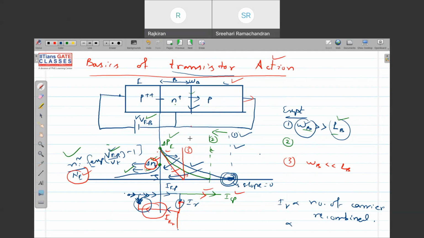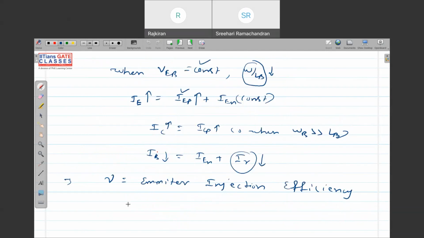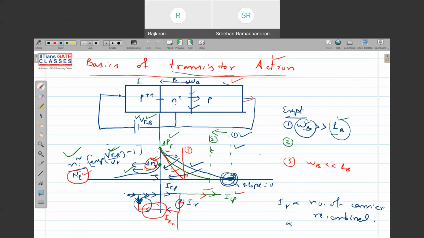It is denoted as IEP divided by IEP plus IEN. What is the meaning? The total injection across the junction is IEP plus IEN. Out of that, only IEP is helpful for me. This determines your injection efficiency.